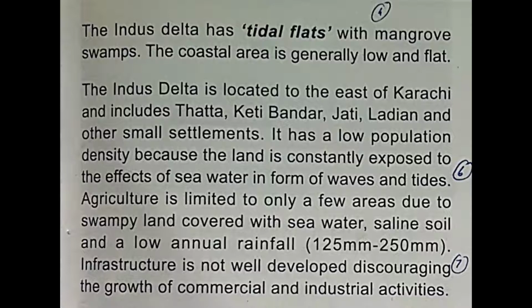Infrastructure is not well developed, discouraging the growth of commercial and industrial activities. Another feature of the tidal delta is the poor infrastructure, and poor infrastructure results in less industrial and commercial activities.